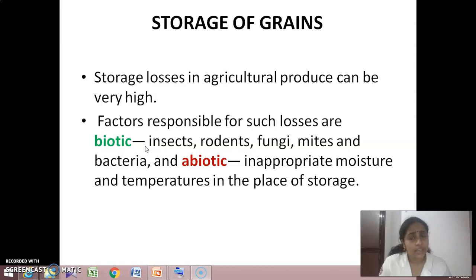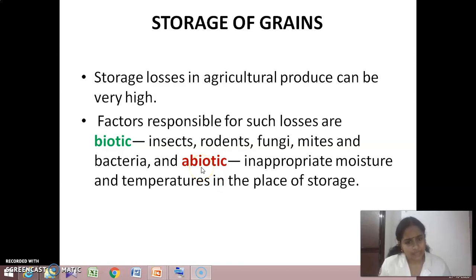We know that storage losses in agricultural produce can be very high. Two important factors, both biotic and abiotic factors, are responsible for the losses. Biotic factors include insects, rodents, fungi, mites, and bacteria.